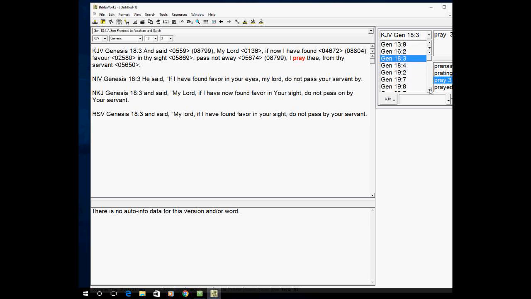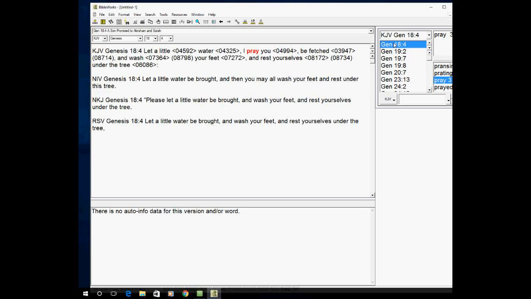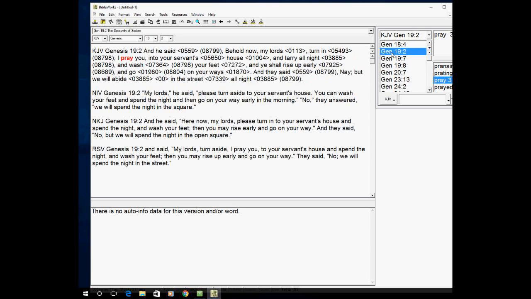So we go through this now. Genesis 18, verse 4. Again, one person talking to another person. The word pray doesn't necessarily mean, in the English language, talking to God, to our Father in heaven. It's in this sense, to seriously ask someone to do something.